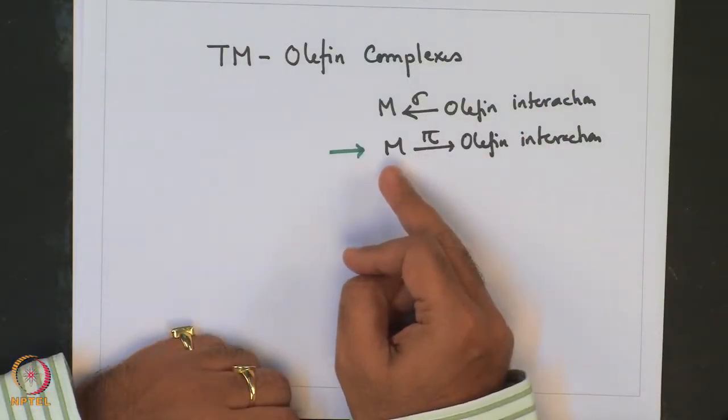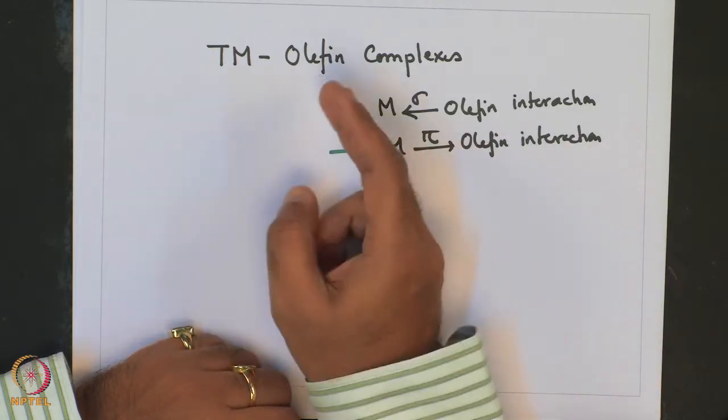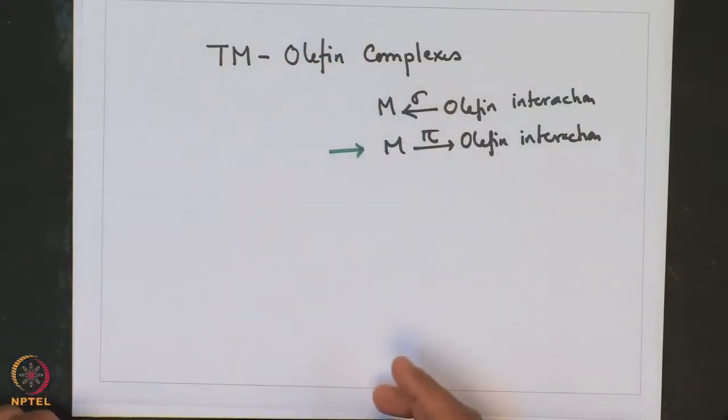And the second point with regard to the significance of this metal to olefin pi interaction is that its presence increases the multiplicity of the metal olefin bond, so that it becomes more than a single bond and has partially double bond character. As a result, this pi interaction also increases the bond energy of the transition metal olefin bond.